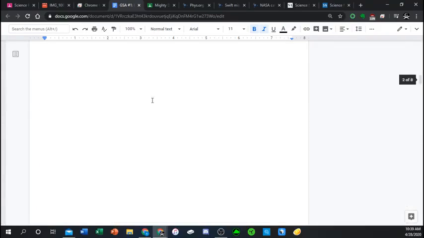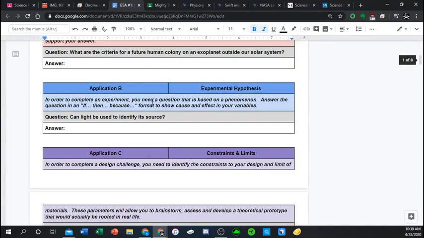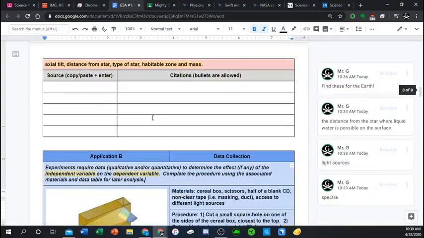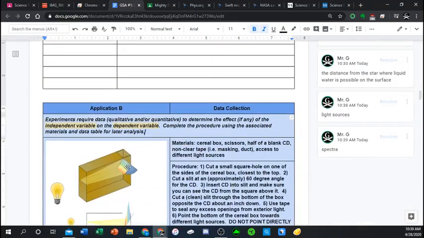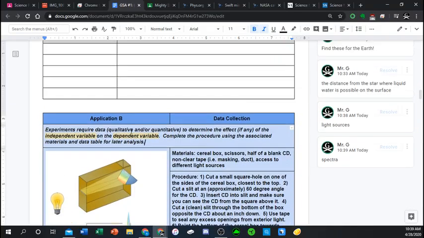So if you go back to your first question, this was kind of phrased as a hypothesis, right? If light can be used to identify its source, then we can look for other sun-like stars, because light is based on wavelength, and there's different wavelengths, right? So you, in application B, are the astronomers looking for sun-like stars.